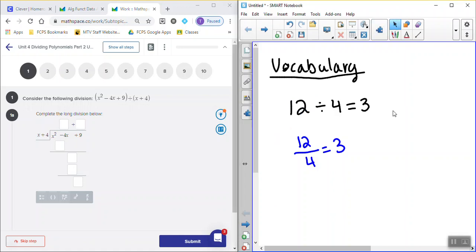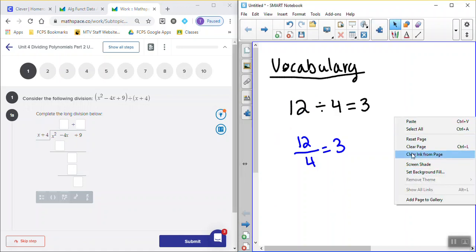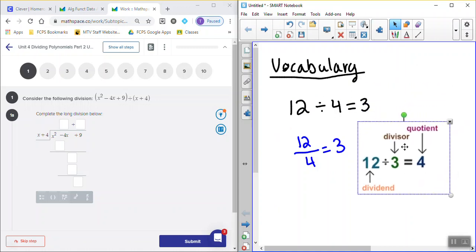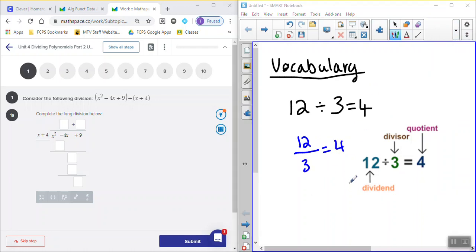I think I have a picture that explains this. Oh yeah, here we go. So the number that we're dividing, or in this case the numerator, we call it the dividend. I sometimes just call it the numerator. And whatever we're dividing by, we call the divisor, basically the denominator.